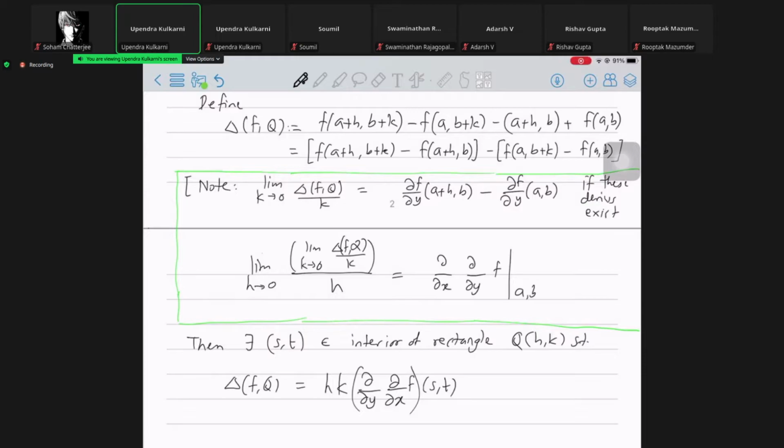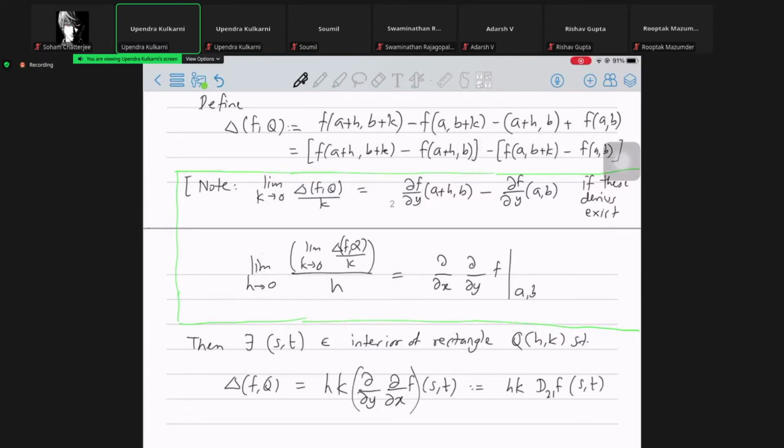So did I make a mistake over here? Notice that up there I have written del by del x, and then del by del y. Here I am doing it the other way around. And for ease of notation, by the way, let me just say this is h times k times d21 of f evaluated at s comma t.